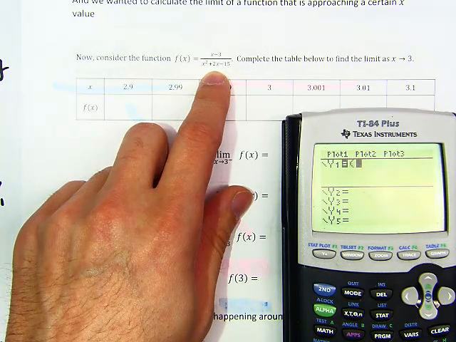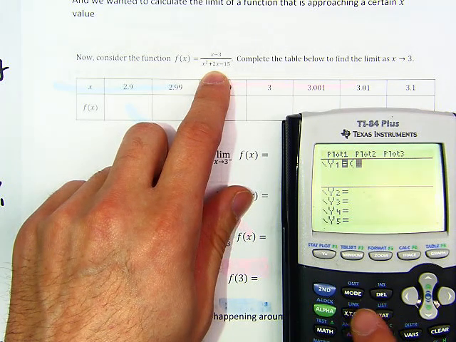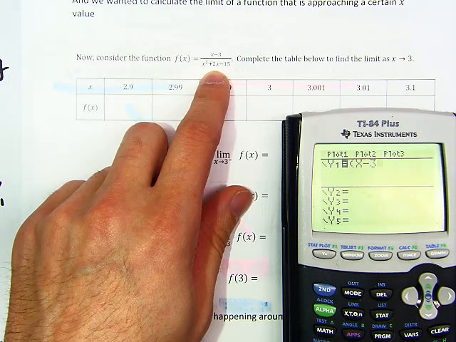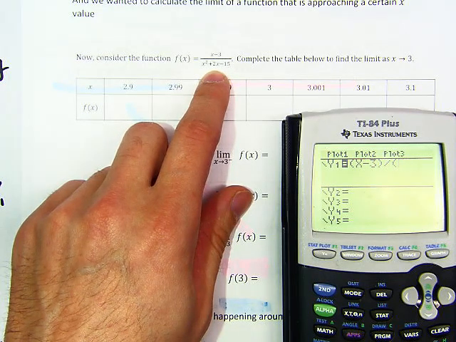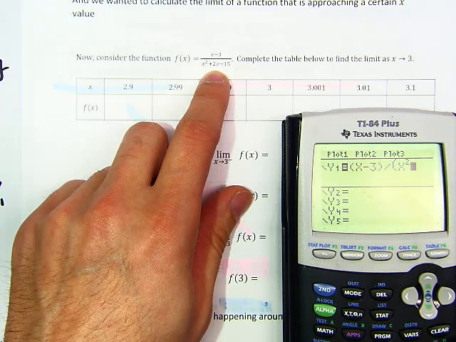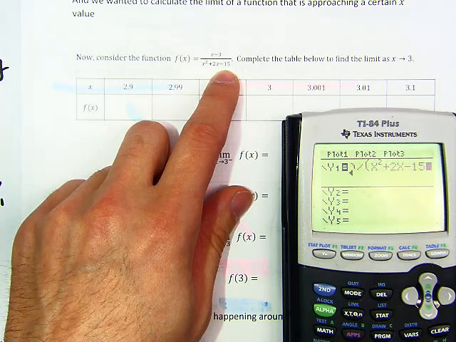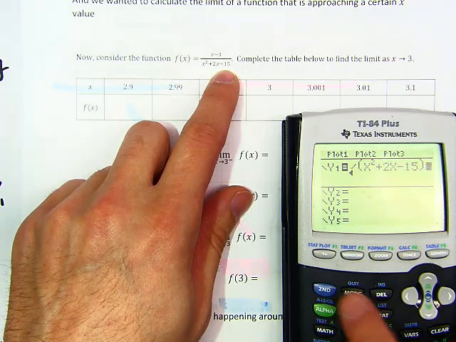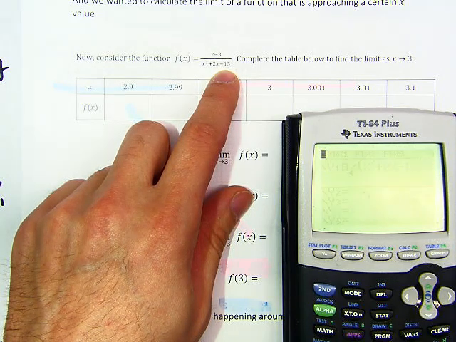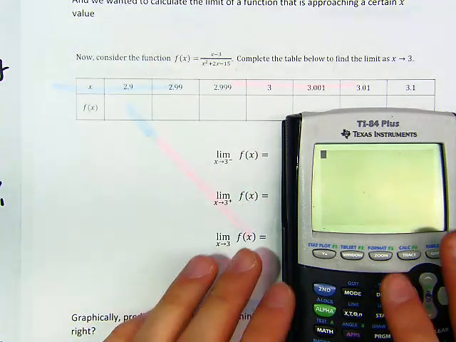And then let's plug it in. So parentheses, x minus 3, parentheses close, divide, parentheses open, x squared plus 2x minus 15, parentheses close, and then we hit second mode, right? And now we're at the home screen.